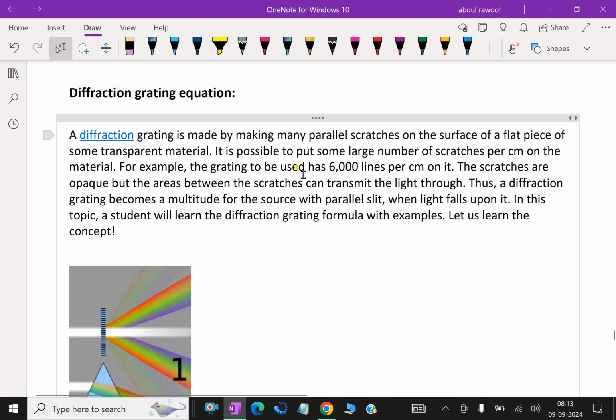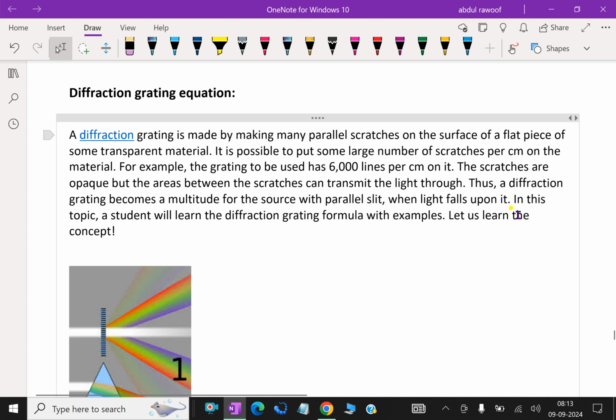It is possible to put a large number of scratches per centimeter on that material. For example, a grating to be used has 6,000 lines per centimeter on it. The scratches are opaque, but the areas between the scratches can transmit the light through. Thus, a diffraction grating becomes a multitude of sources with parallel slits.